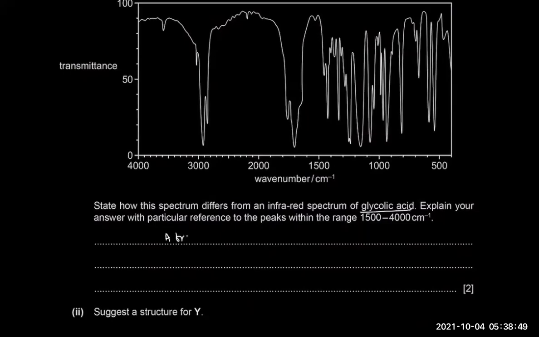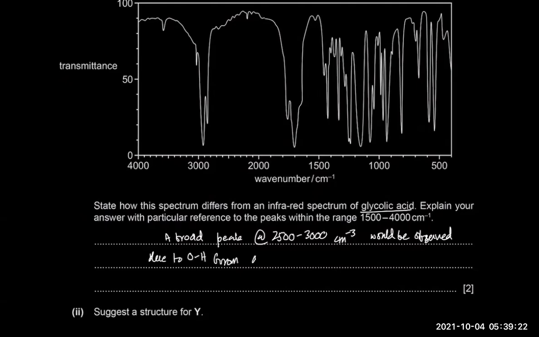So a broad peak at approximately, this is from the data booklet, at approximately 2500 to 3000 wave numbers, right, would be observed due to OH from acid.